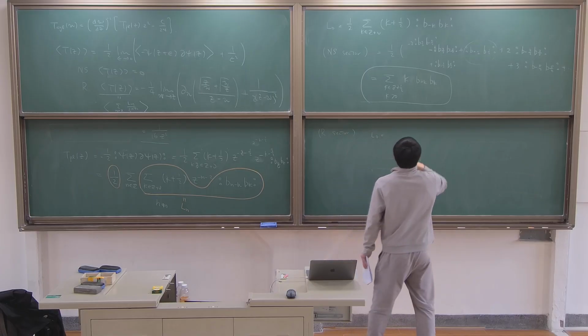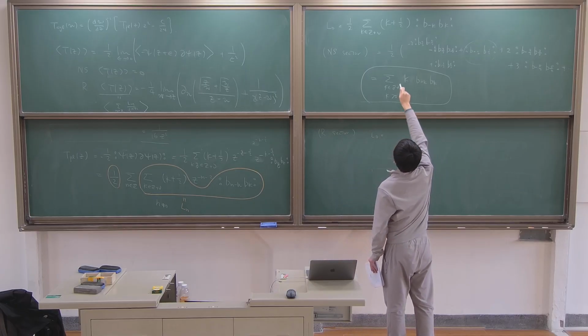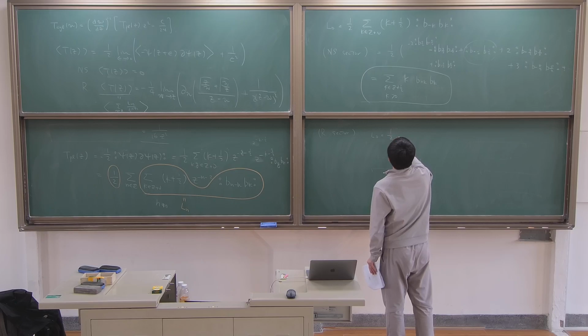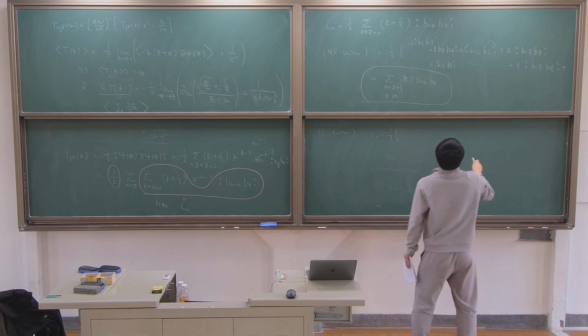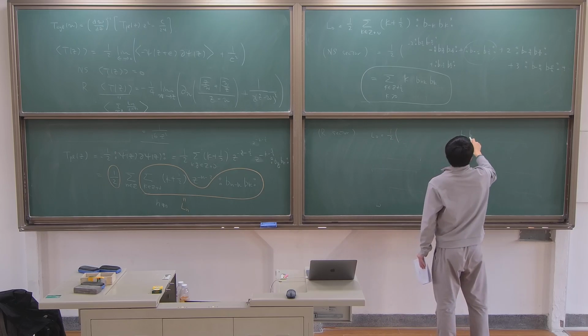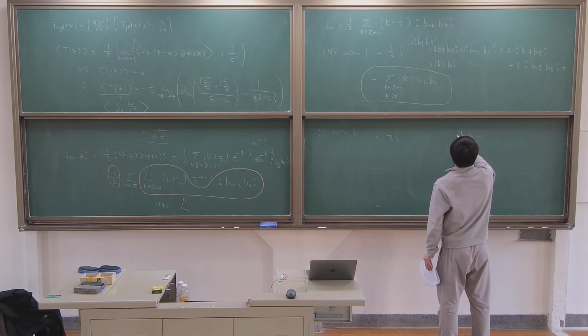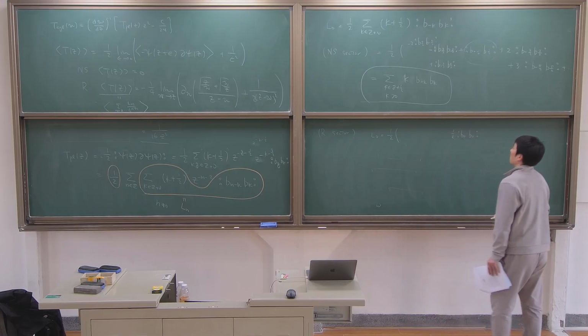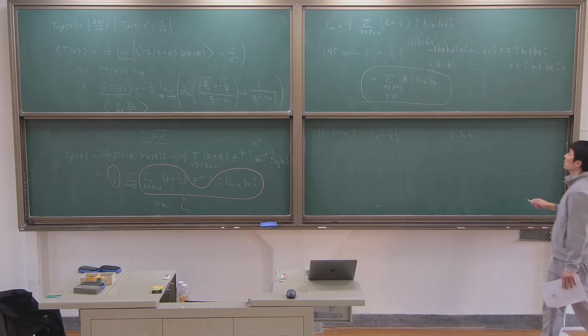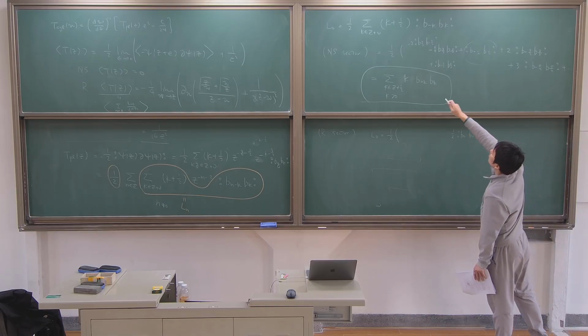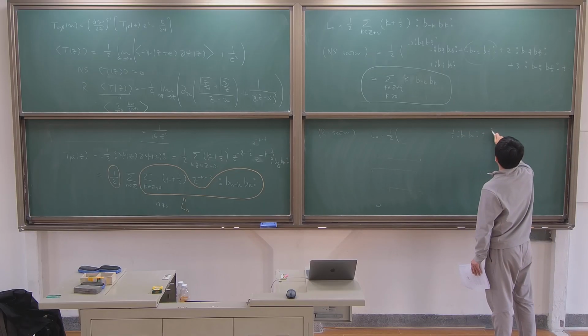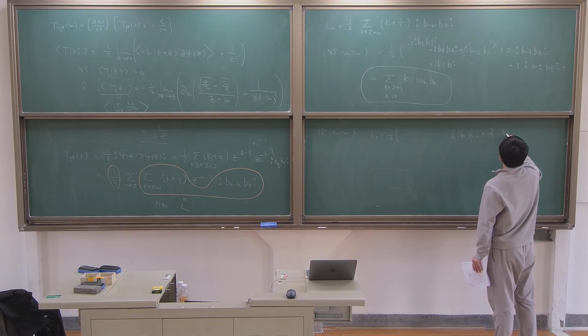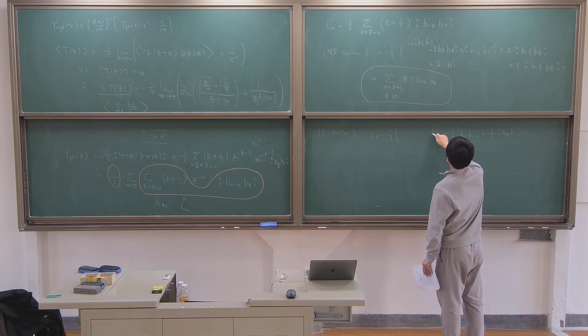Do the same thing. Plug this one in, like b0, b0, 1/2. And then do the same thing. The next is 1, 3/2, b1, b minus 1, 1, and then here 1/2.